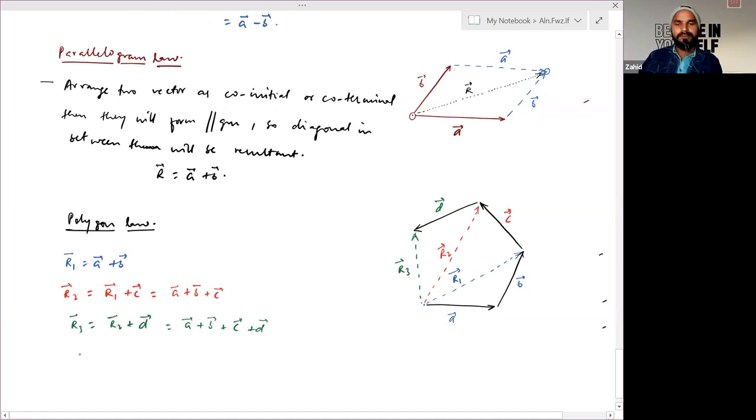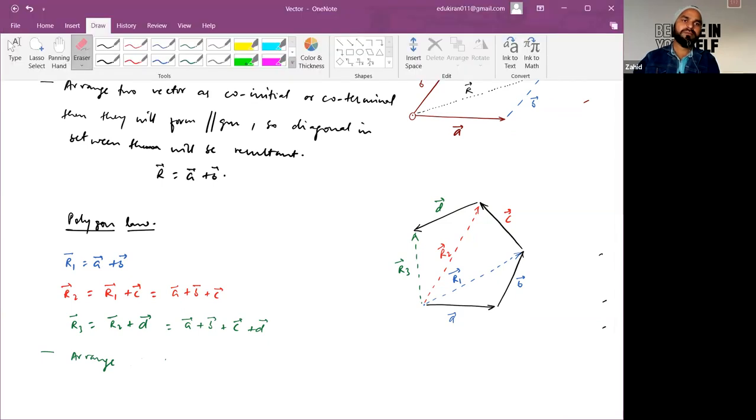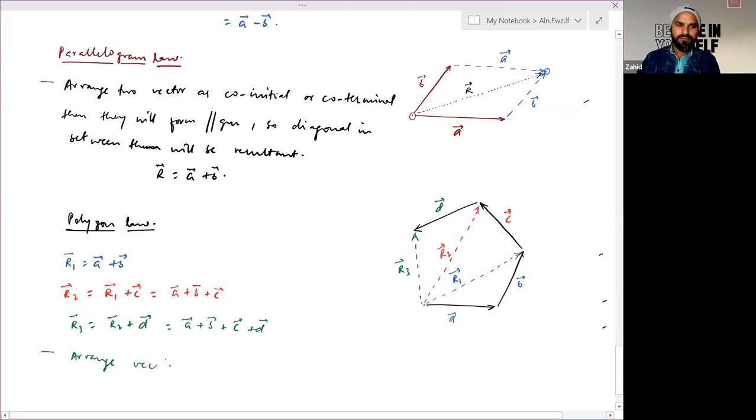So in this part, arrange all vectors to form consecutive vectors, then the resultant of all will join from the tail of the first vector to the head of the final vector. Arrange vectors as consecutive.